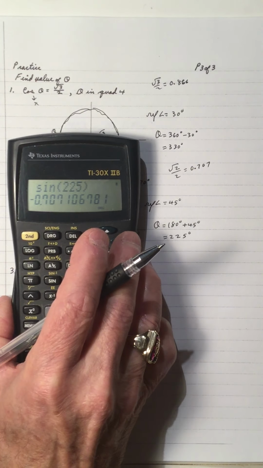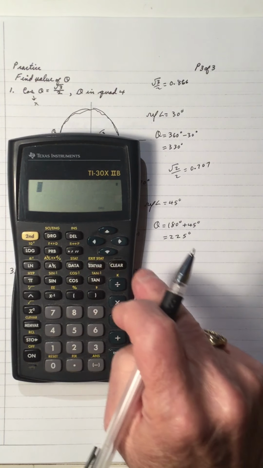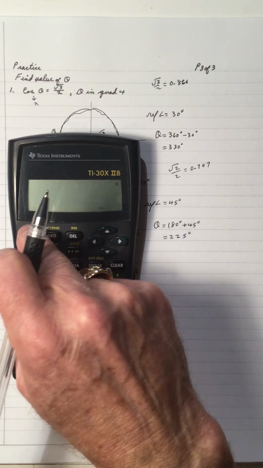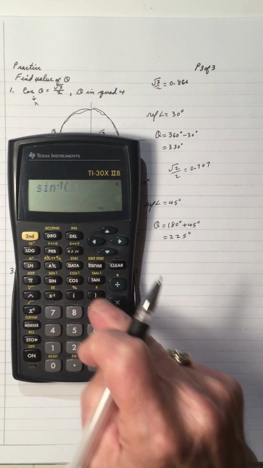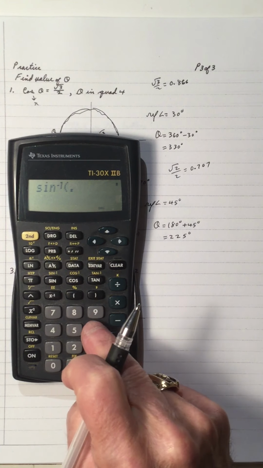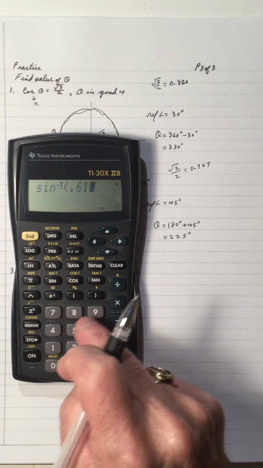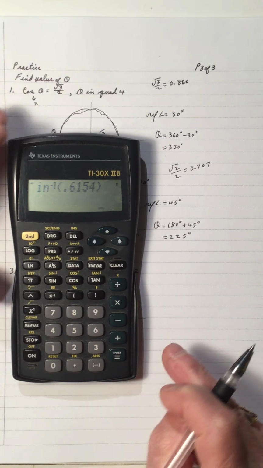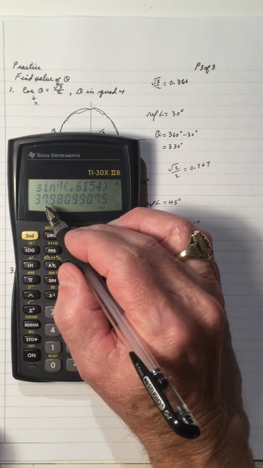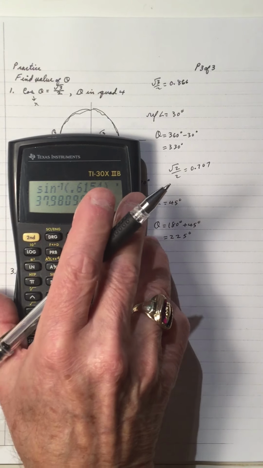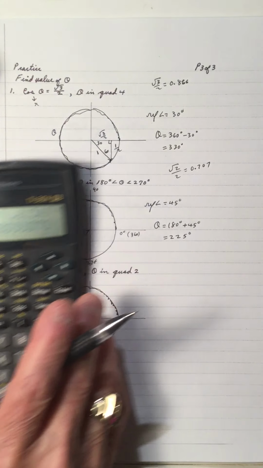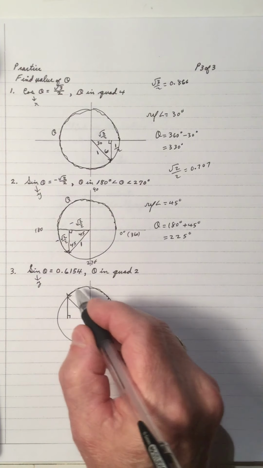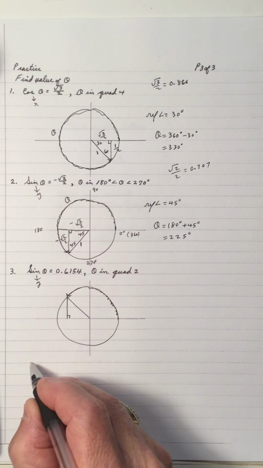So we put our calculator down, and we go inverse sine on 0.6154. Close it off, and that gives us 37.9 degrees. So that's 38 degrees. So we've got to use our calculator on this one.